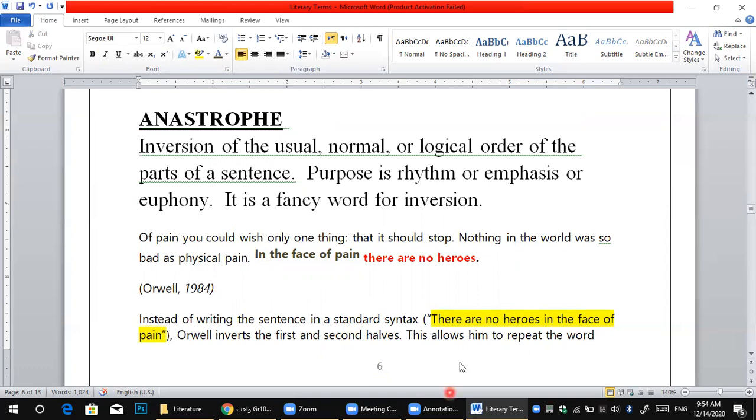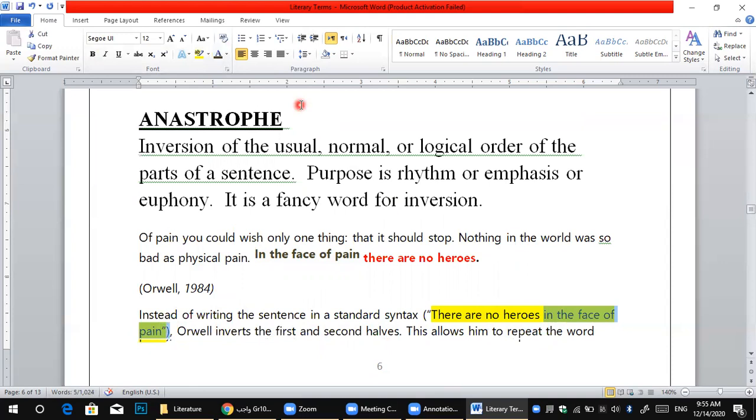There are no heroes in the face of pain. So here, in the face of pain, and there are no heroes. This is called anastrophe.